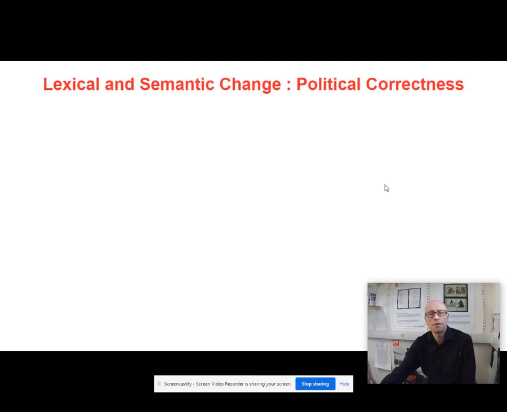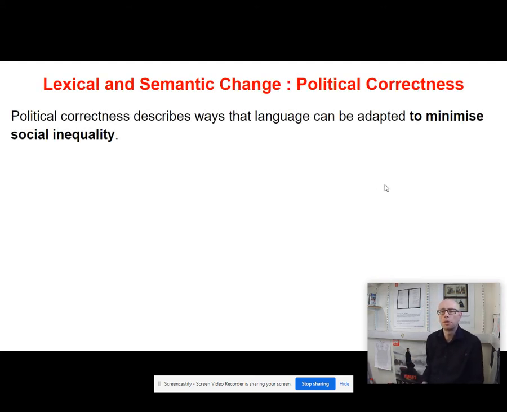Okay, so let's have a look at this definition of the word political correctness. So political correctness really describes that language can be adapted to minimize social inequality. Okay, so it's all about changing language. So it's like change from above, I suppose, rather than change from below.